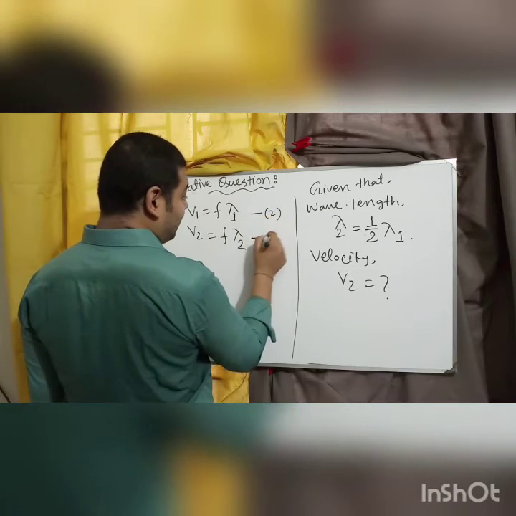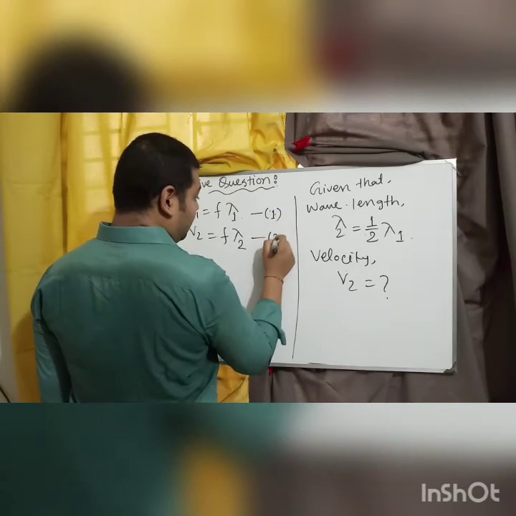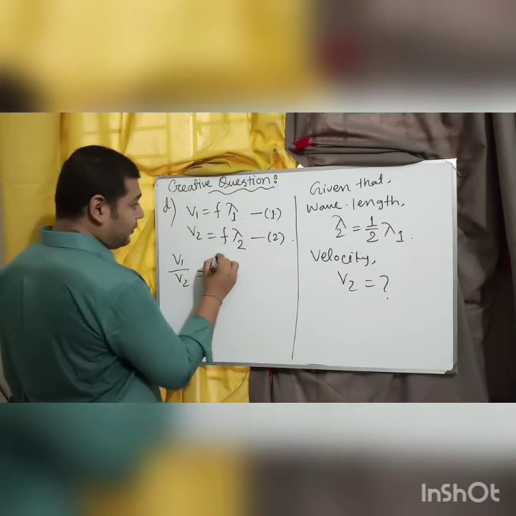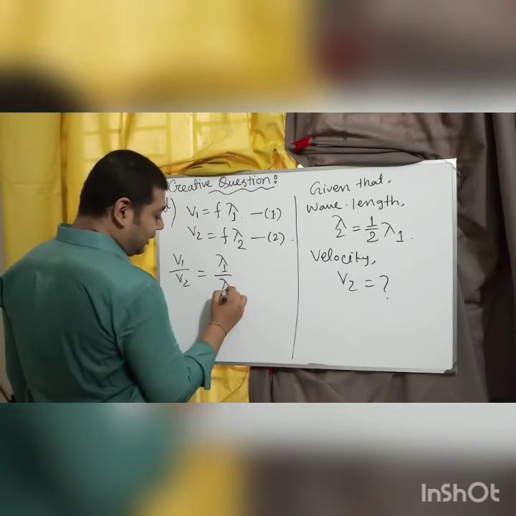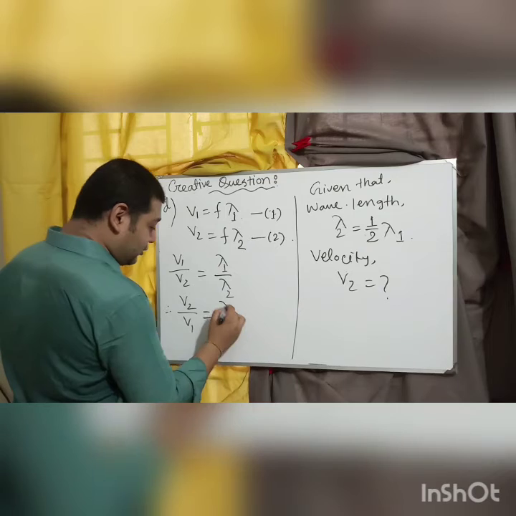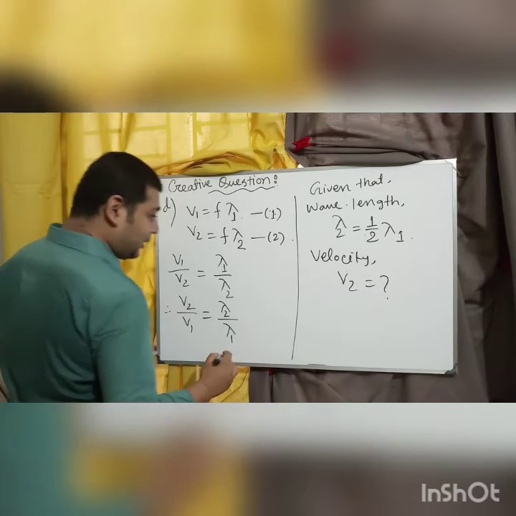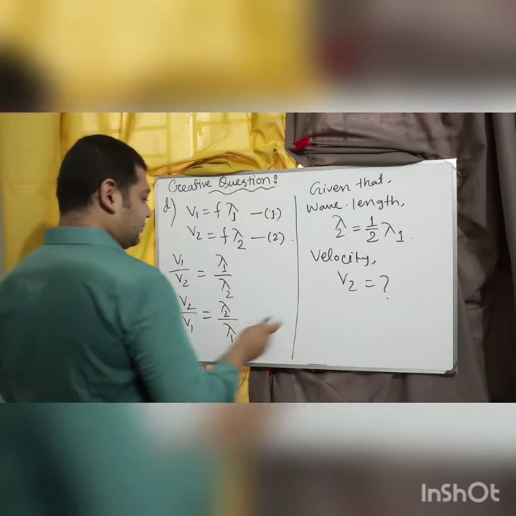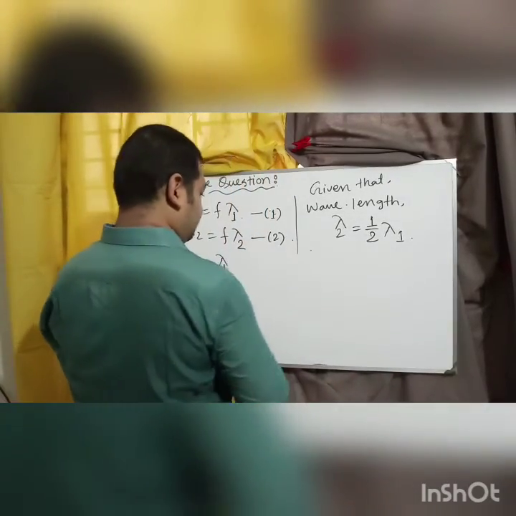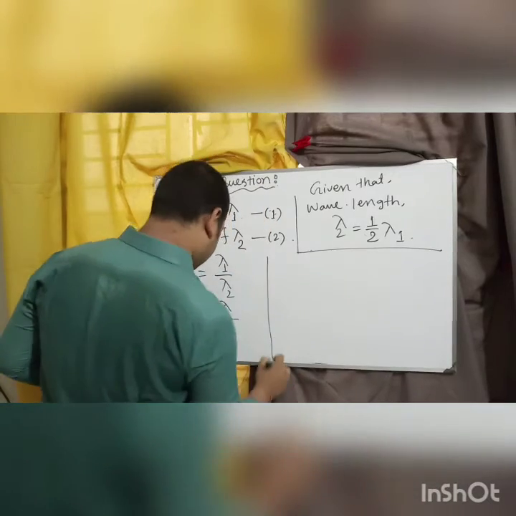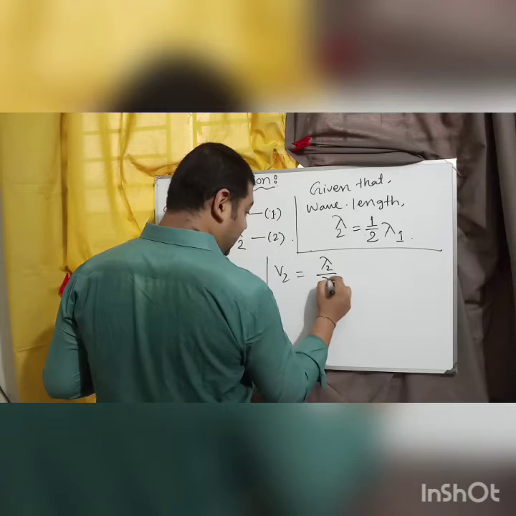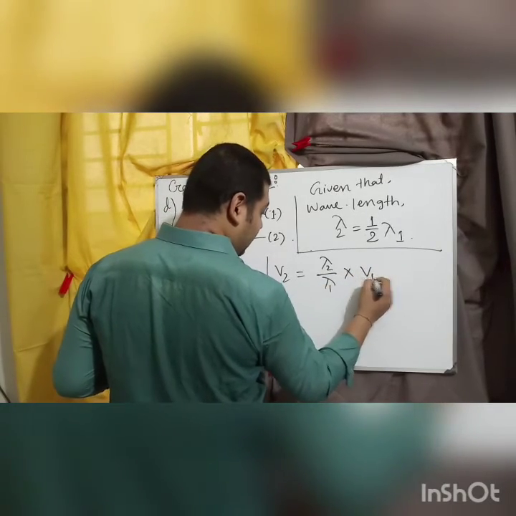From these two equations we can write v1 by v2 equals lambda 1 by lambda 2, so v2 by v1 equals lambda 2 by lambda 1, or v2 equals lambda 2 by lambda 1 into v1.